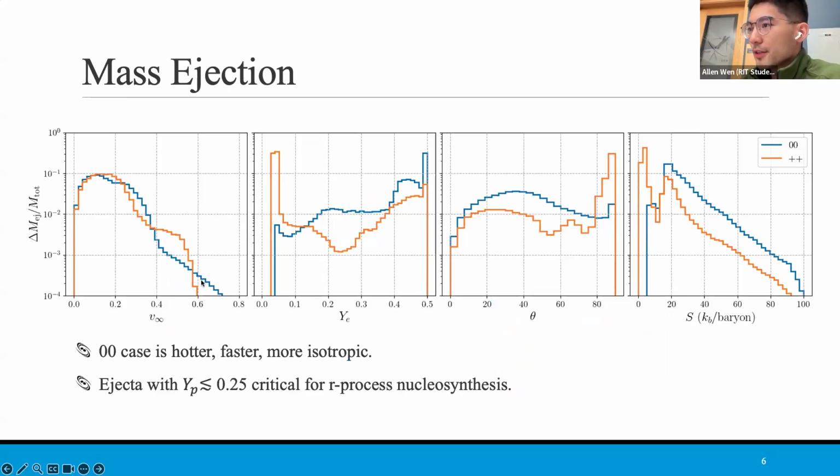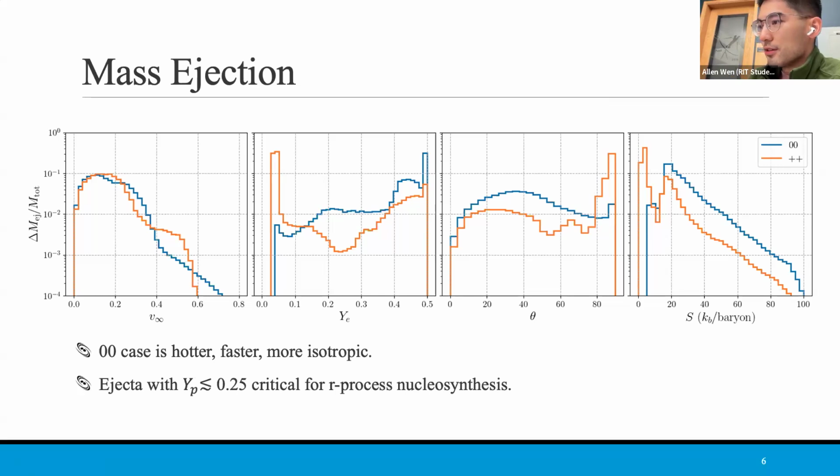We can see the effects of the tidal tails in the plus case in greater detail if we look at these mass histograms. In the plus histograms, you see a very obvious component that's very neutron rich, that's ejected in the equatorial plane and is very cold. And that's the dominant ejecta component in the plus case.